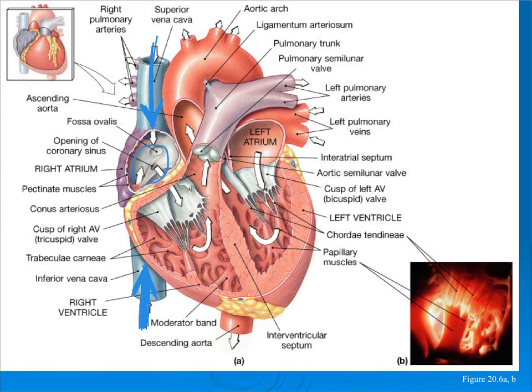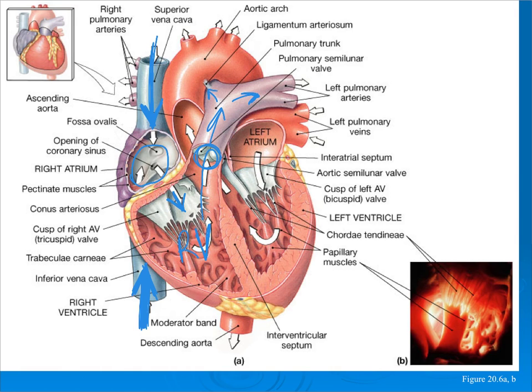So this deoxygenated blood enters your right atrium. Then it's going to pass the right AV valve or tricuspid valve, enter your right ventricle. Then it's going to pass the pulmonary semilunar valve, enter the pulmonary trunk, and then go into the right and left pulmonary arteries.